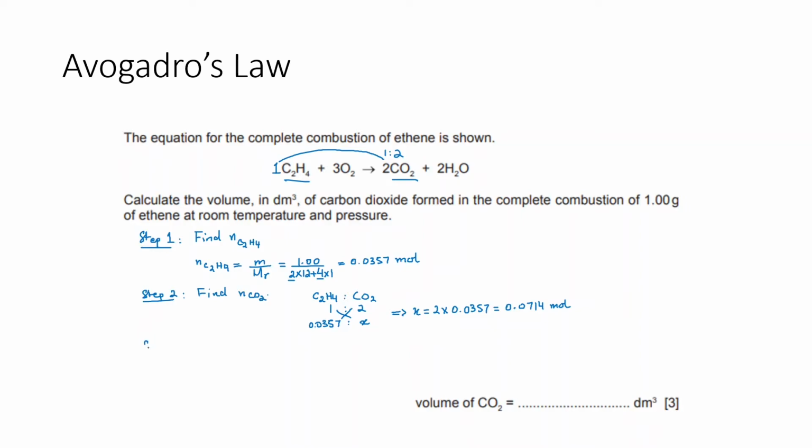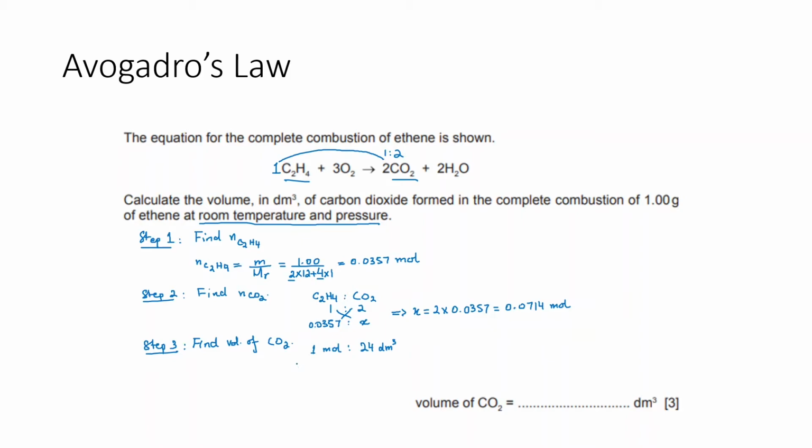Now the third step, and this here is the clincher, is to find the volume of CO2. For this, all we need to do is look at a ratio again. We know that 1 mole of CO2 at room temperature and pressure, as given in the question, is going to occupy 24 cubic decimeters.